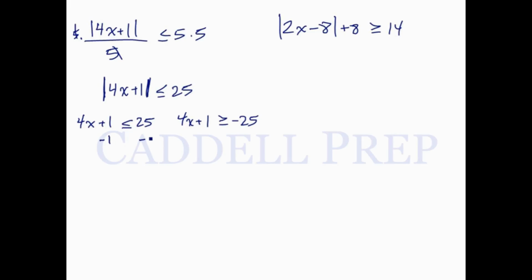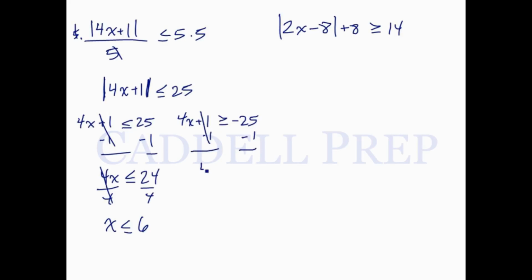Alright, now let's solve. So minus 1, minus 1. 4x is less than or equal to 24. Divide by 4, divide by 4. X is less than or equal to 6. Alright, now solve this one. Minus 1, minus 1. 4x is greater than or equal to negative 26.